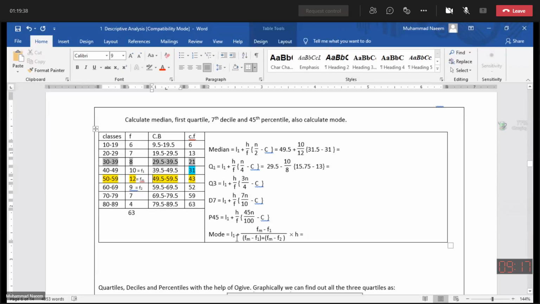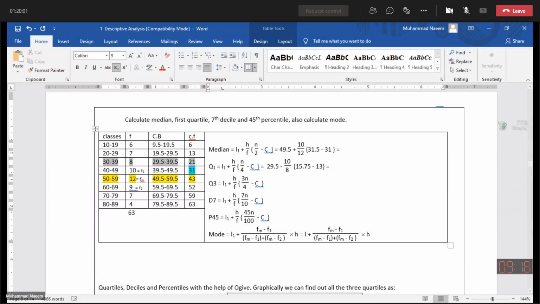Its lower limit is the value of L1. What is H? The overall class width. So we have almost all the values.